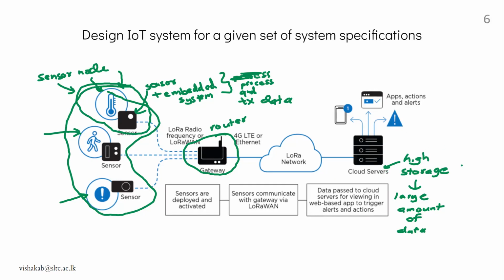The cloud servers can also provide security to the data and manage the data really well. They have their own security features, which enable us to protect the data from unauthorized devices accessing it.